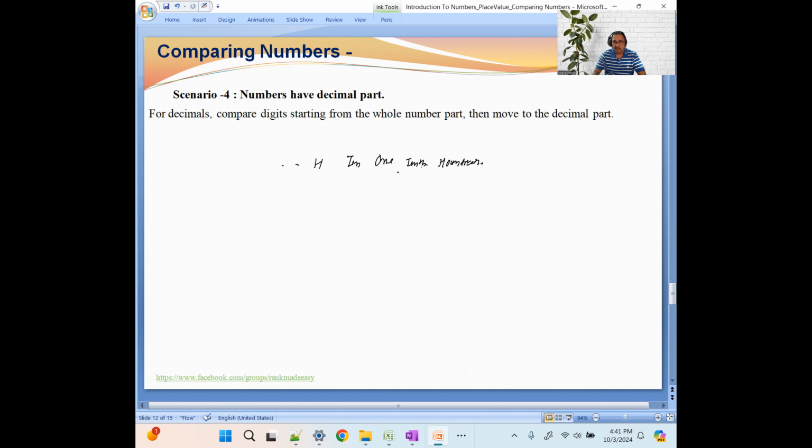right? So if you need to compare numbers having decimals, first of all, you have to compare the whole part. Simply, the number with the greater whole part will be the bigger number. If two numbers have the same whole part, then you have to move towards the right side of the decimal and compare the digits.